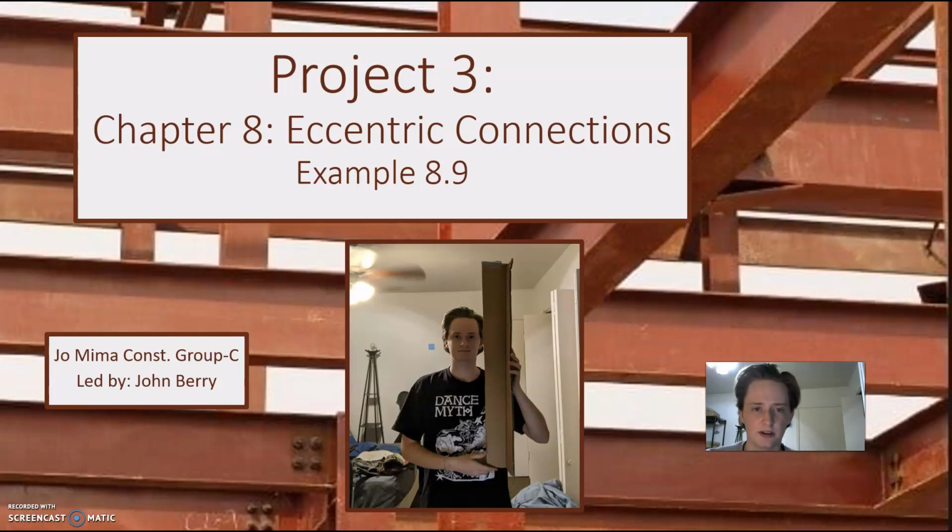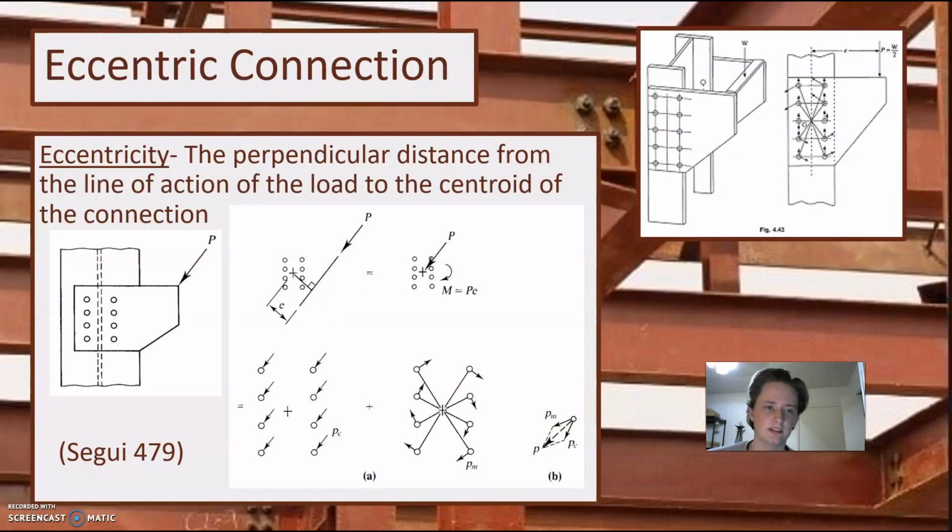But first, we want to talk about eccentric connections and try to understand that so that we can better understand our problem. So what is an eccentric connection? Well, it's simply a connection that has eccentricity. Eccentricity is a concept that we've been using multiple times, and it is whenever you have a line of action that is a distance away from the centroid of, in this case, a connection.